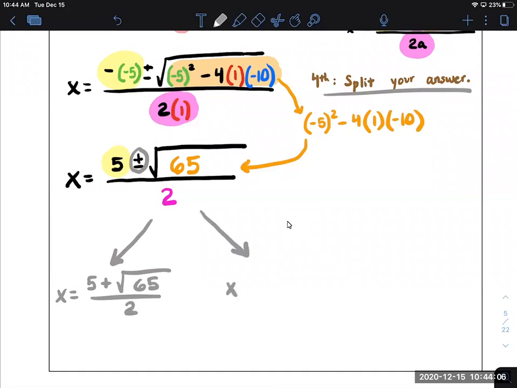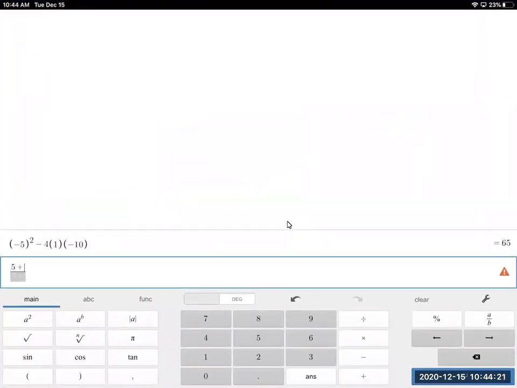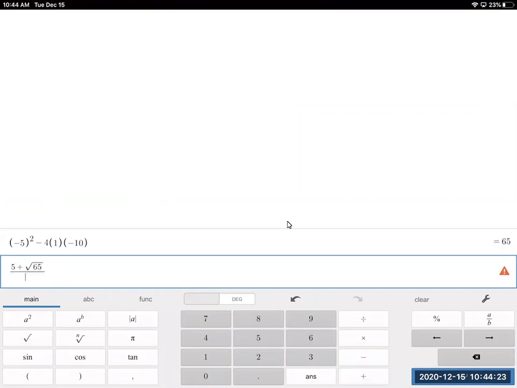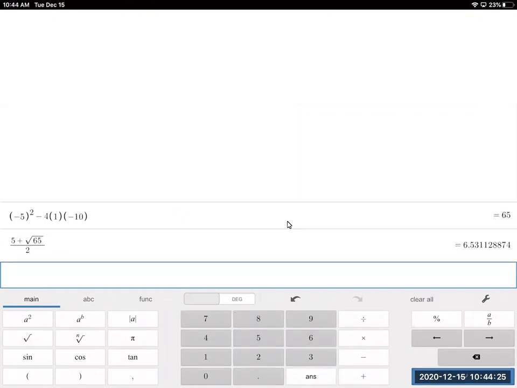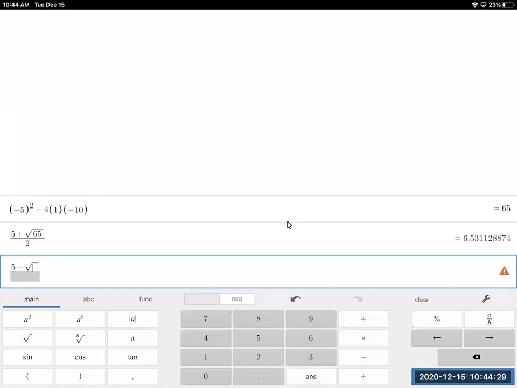Then we're going to have x equals 5 minus the square root of 65 divided by 2. You can put those in Desmos or a calculator to get your approximate answers. So in Desmos, you hit the fraction button, 5 plus square root of 65 divided by 2. Then do it again, but plug in a minus.